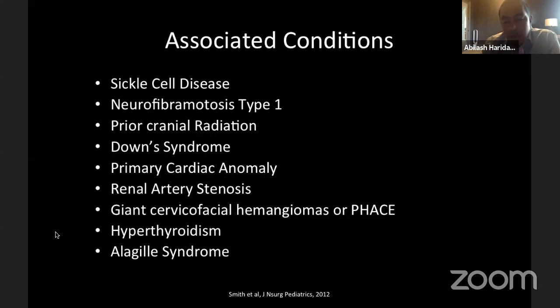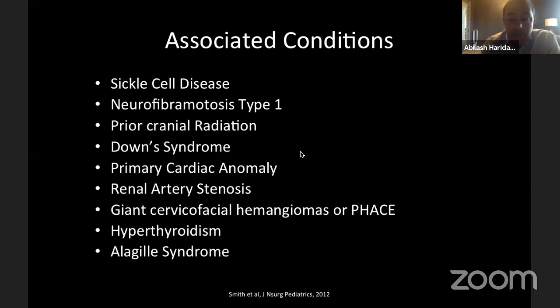When you have moya moya, it can be idiopathic in many cases, but there are also many conditions associated with moya moya. And these are a list of the conditions. Here, NF1, sickle cell, and Down syndrome are probably the three most common reasons to have moya moya.